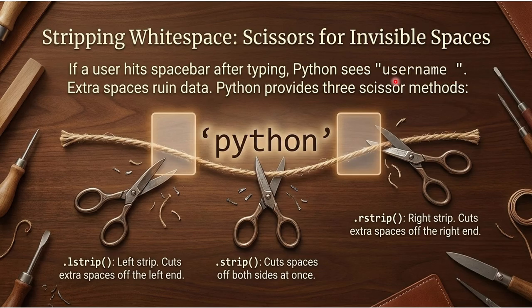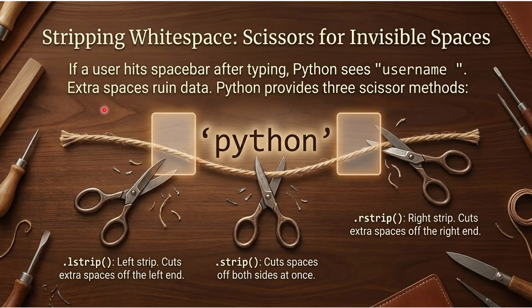Python will think you mean the text username along with this space. Extra spaces ruin your data, because when you try to access username, it can't find it, because it is stored as username along with this single space. That will ruin your data.